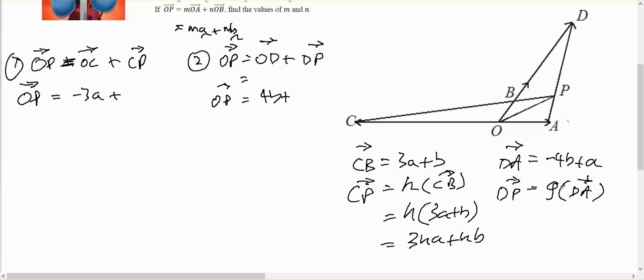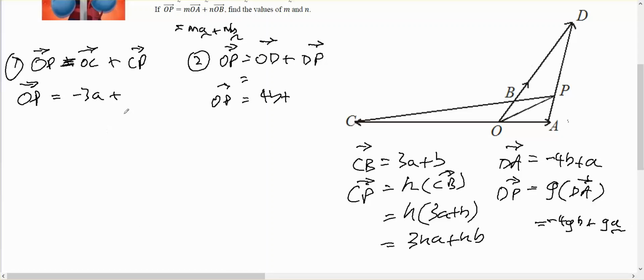Now I know that G is less than 1 because DP is less than DA, and I know that H is bigger than 1 because CP is bigger than CB. So that's going to be G times this: minus 4GB plus GA.